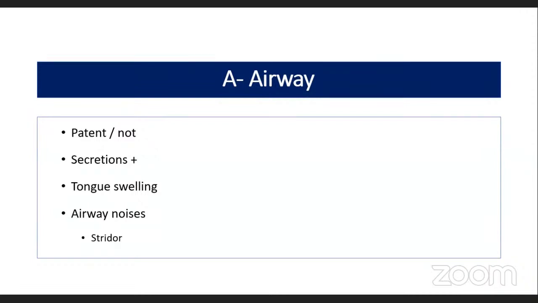If the patient can complete sentences without distress, then probably, though not 100%, the patient has a patent airway. But if there are signs that denote partial or complete airway obstruction, we need to act immediately.